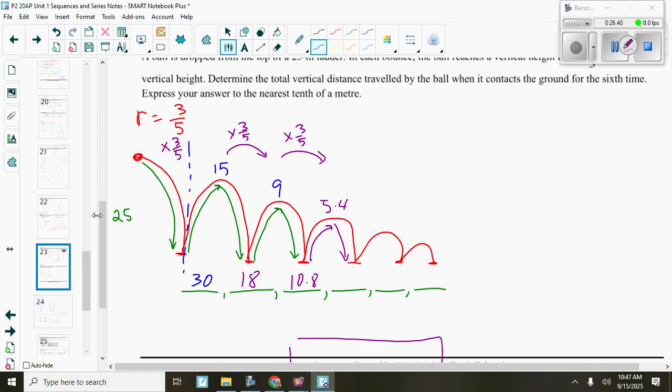The next height is 3.24. We go up, we go down, so we're at 6.48.